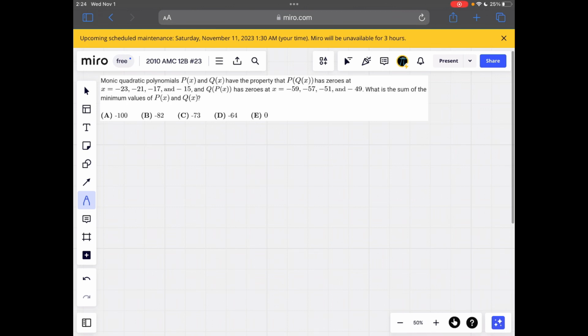So how can we get started on this problem? Well, we see that p of q of x has zeros at x equals minus 23, minus 21, minus 17, and minus 15. So we can write that p of q of minus 23 equals p of q of minus 21 equals p of q of minus 17 equals p of q of minus 15 equals 0.